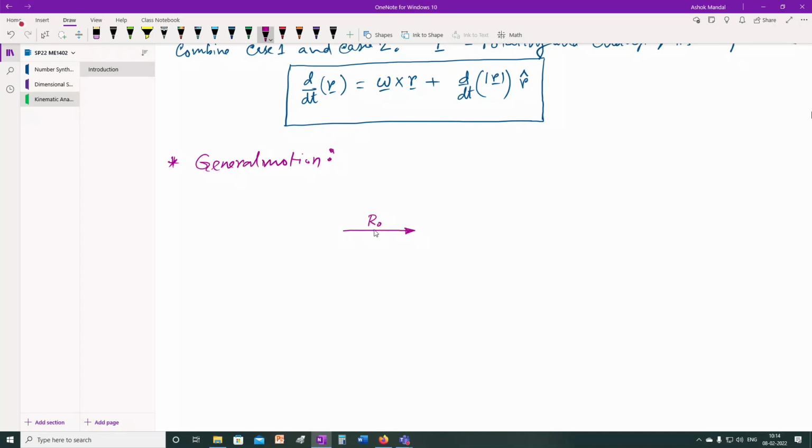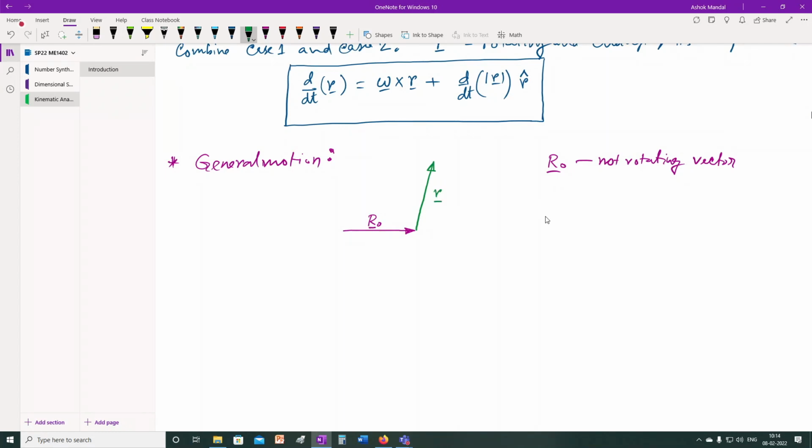We call it R0. R0 is a not rotating vector. And we have another vector which is small r.